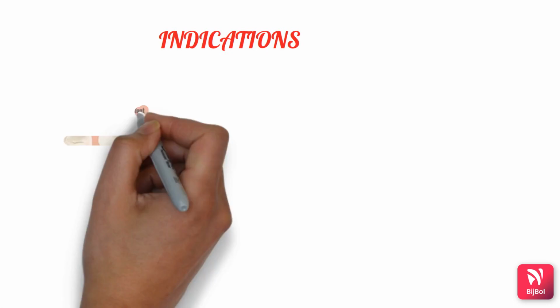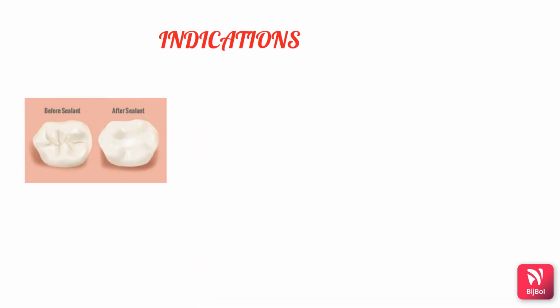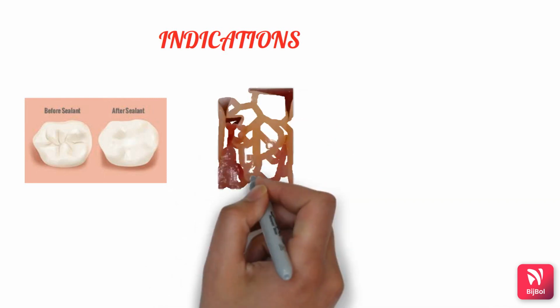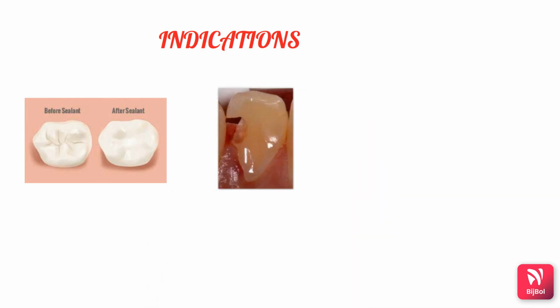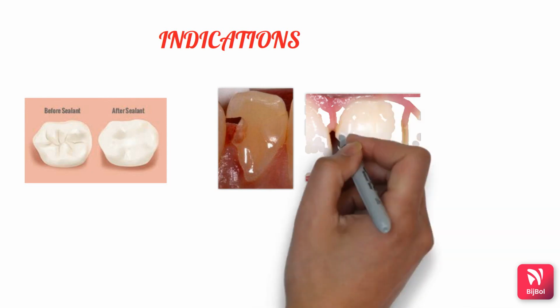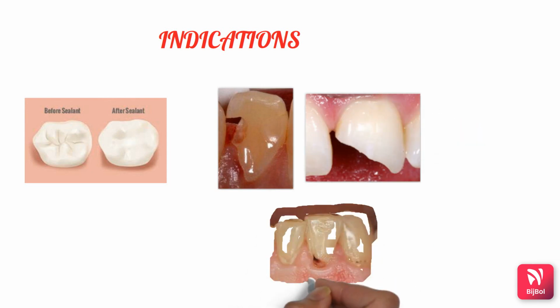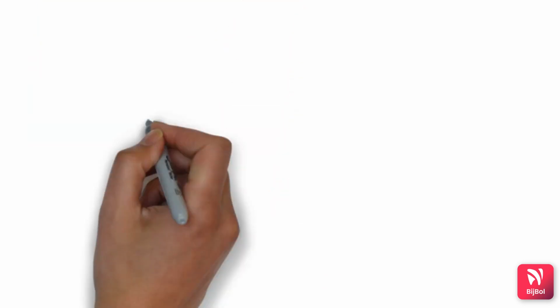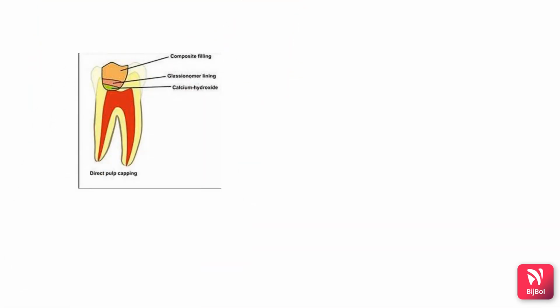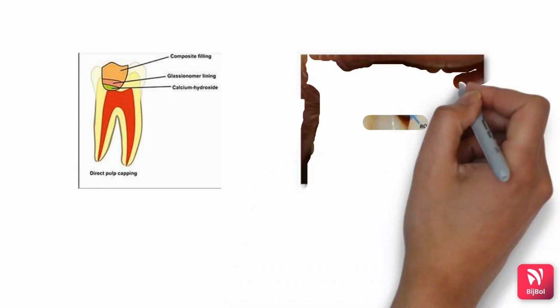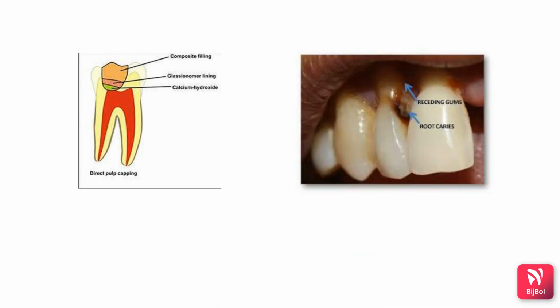If you see the indications, it is mostly useful for the sealing of the pit and fissure and also for class 3, class 4, as well as the cervical lesions. It helps in sealing the cervical regions due to the biocompatibility, and is also used as a base or liner under the cements, and also for root caries.